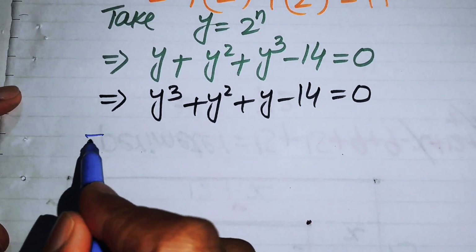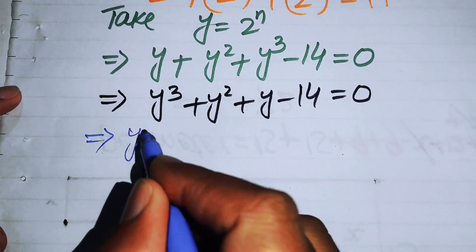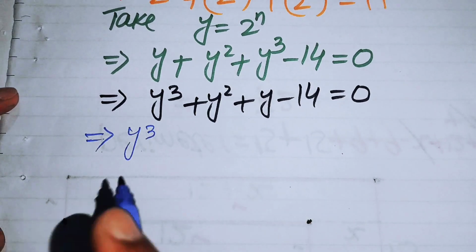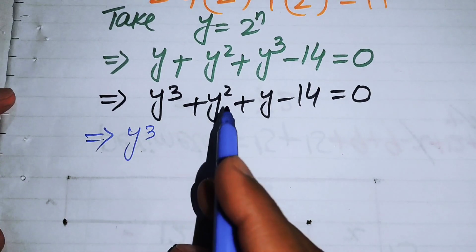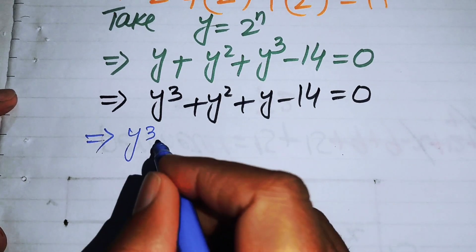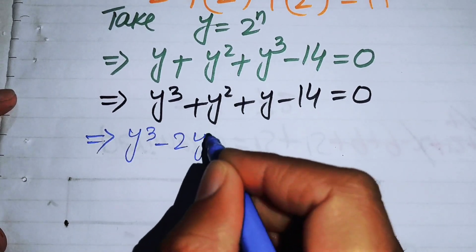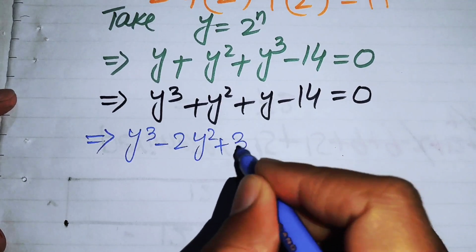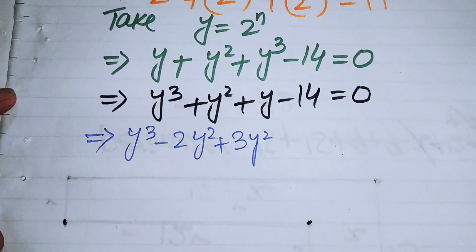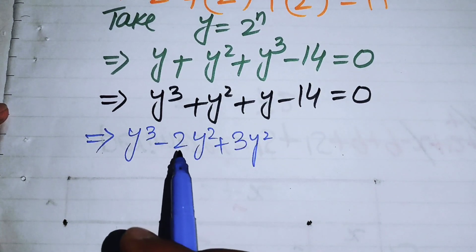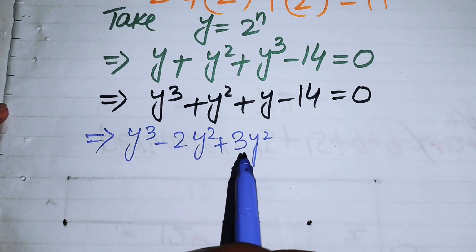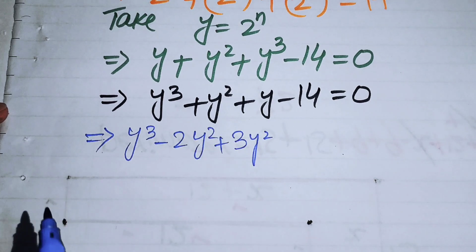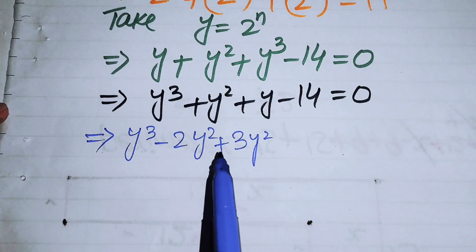We rewrite this equation in the form: first y cubed, and now we write this y squared as minus 2 times y squared plus 3 times y squared. When you subtract 2 and add 3, you get plus y squared. So it means that we write y squared in this form.